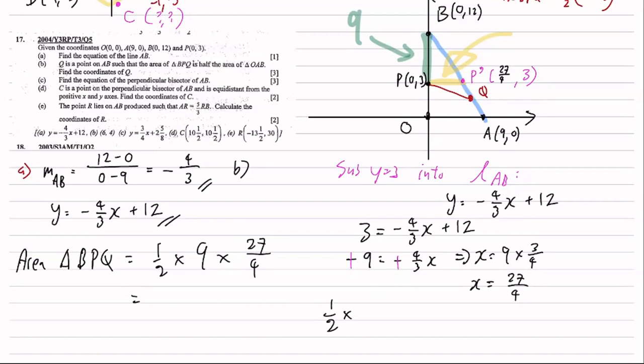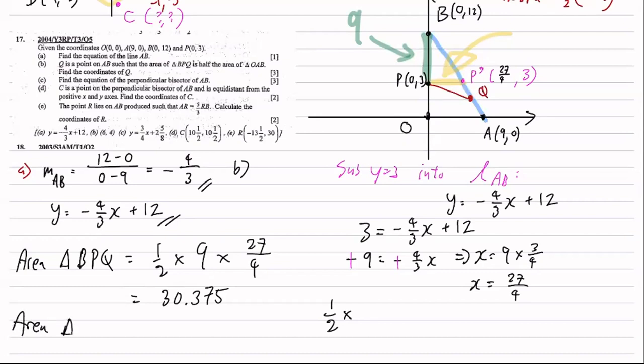Let's double check first. 0.5 times 9 times 27 over 4 is 30.375. They tell you that this area of triangle BPQ is half of the area of triangle OAB, right? Is that true? Let me just double check. OB is what? 12. OA is what? 9. So half times 12 times 9. That's 54. That's not true.